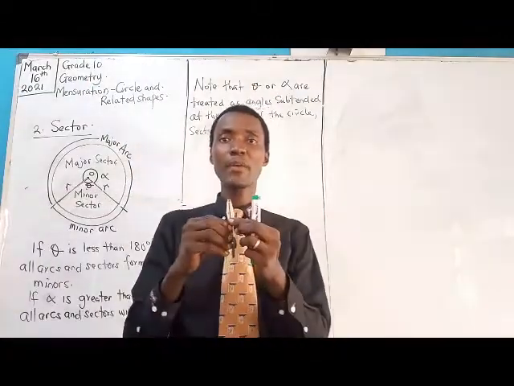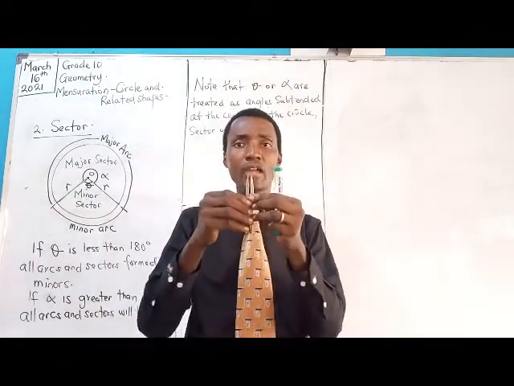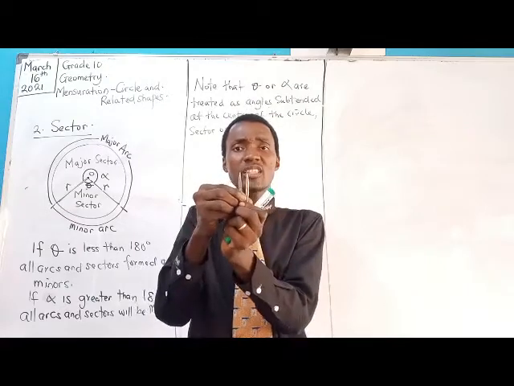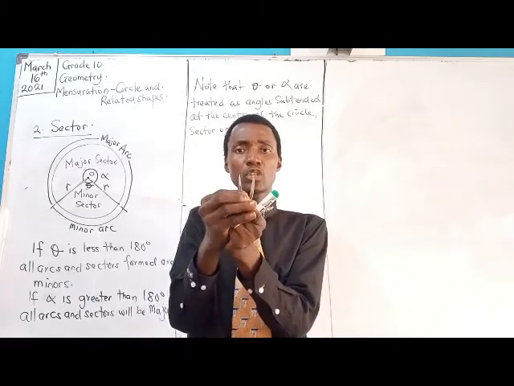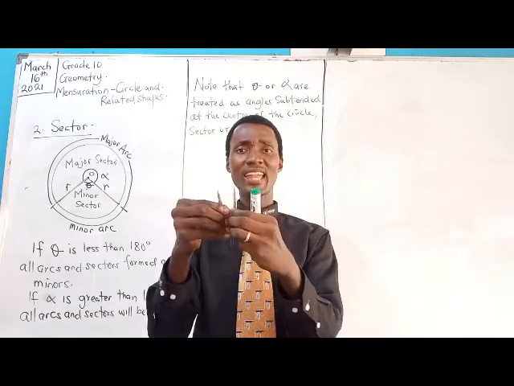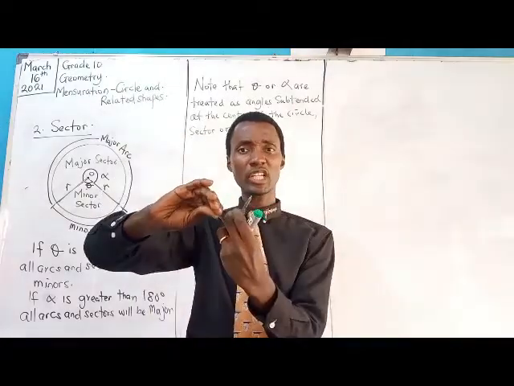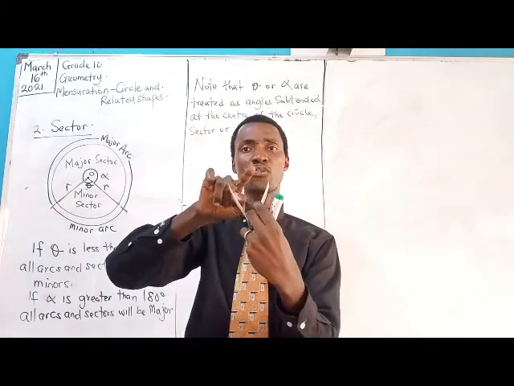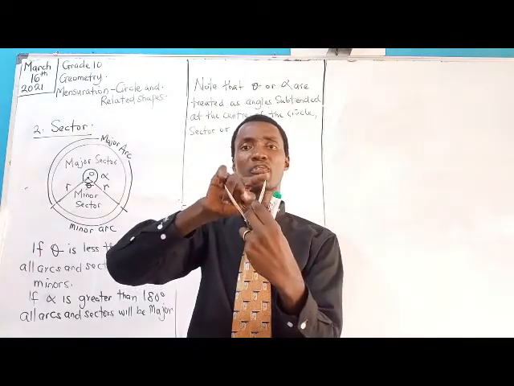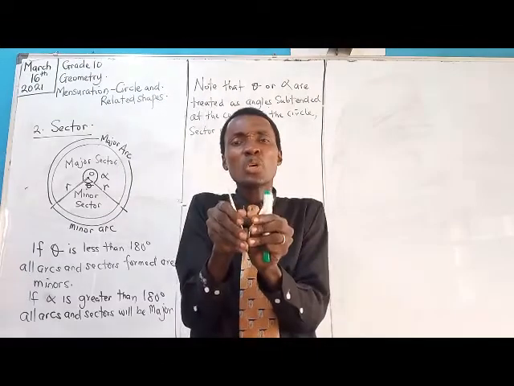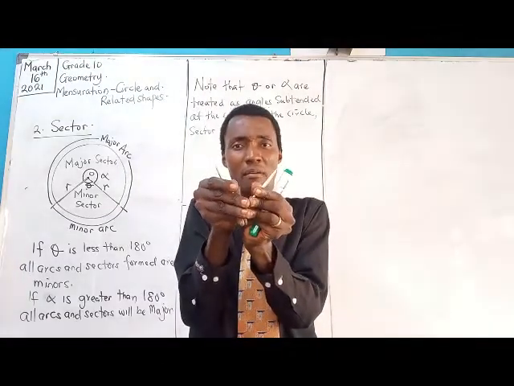I have here with me a pair of dividers, and you discover that if I open this divider, what you notice is that the angle inside is increasing, and if you could use your imagination a little, the circle it will form, or the arc being formed, will also increase to the measure by which I'm opening this one up.